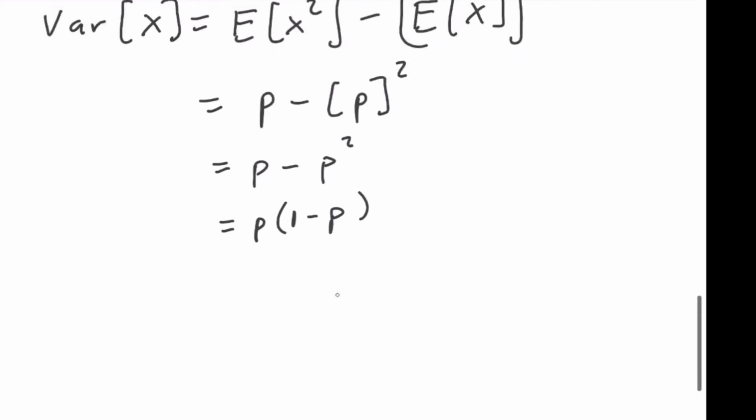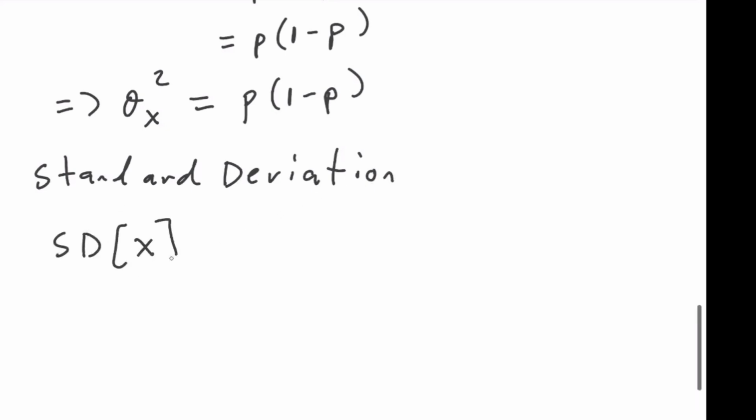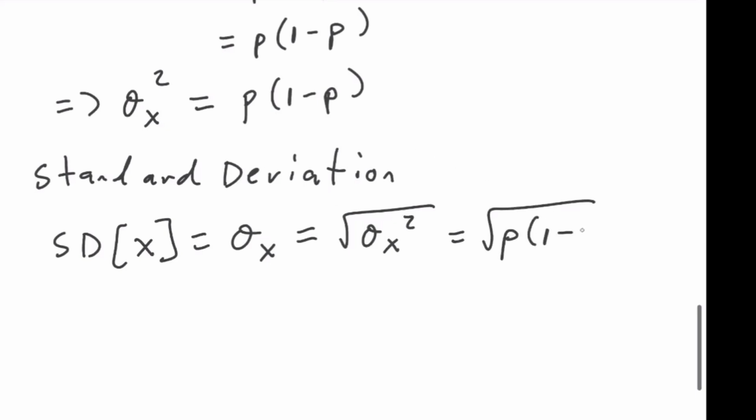And of course, variance is also represented as sigma x squared, so the variance of X is p times 1 minus p, which means we can calculate the standard deviation. So the standard deviation of X, which is also sigma sub x, is the square root of sigma x squared, which we know is the square root of p times 1 minus p.